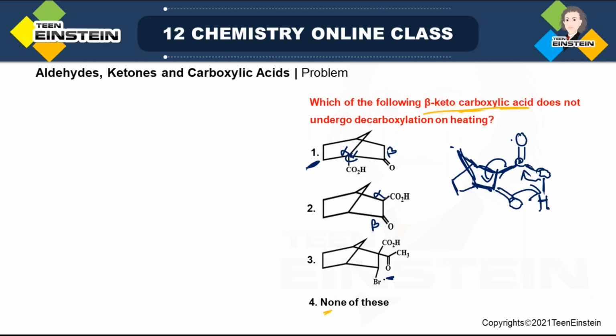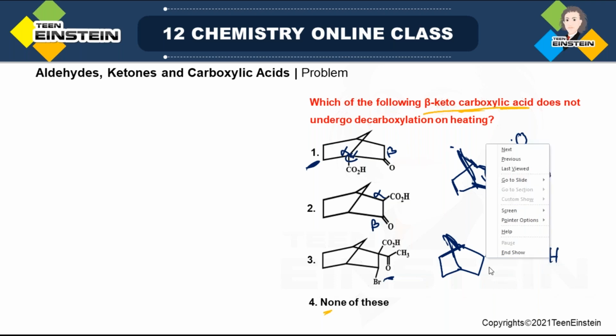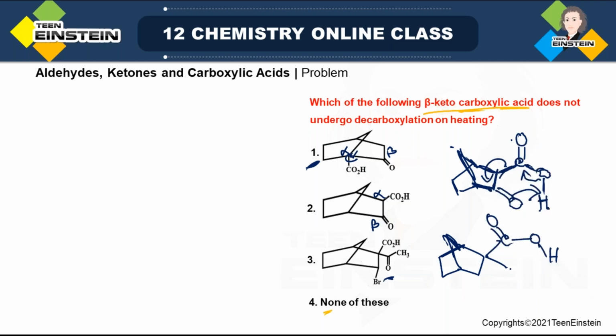Similarly, if you take this one, here also there will be no problem with maintaining planarity. C=O, okay, let me write it here. This is O, H, and we have here CH, CO, CH3.